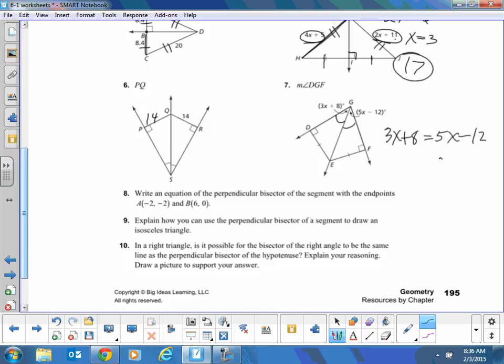So 2x minus 12 equals 8. So 2x equals 20. So x must equal 10.